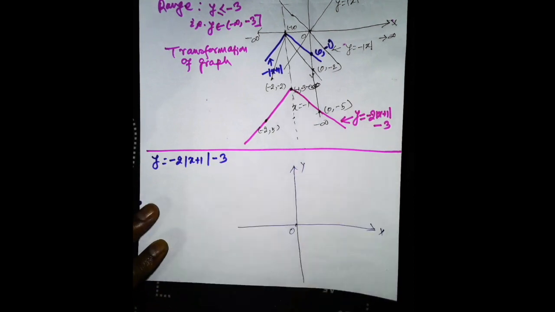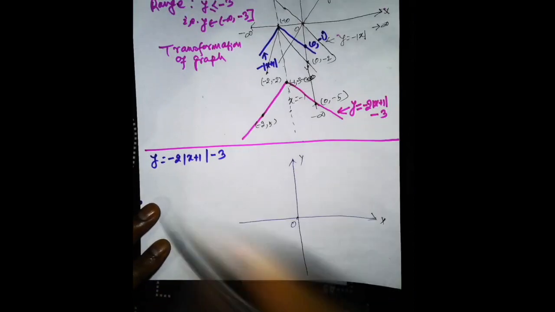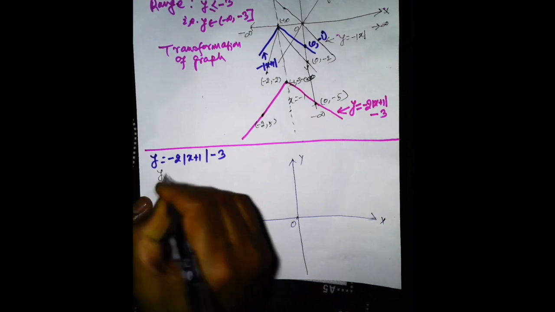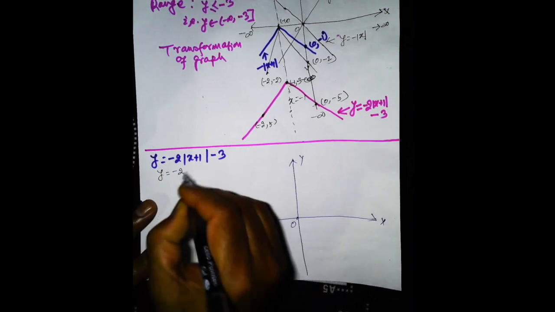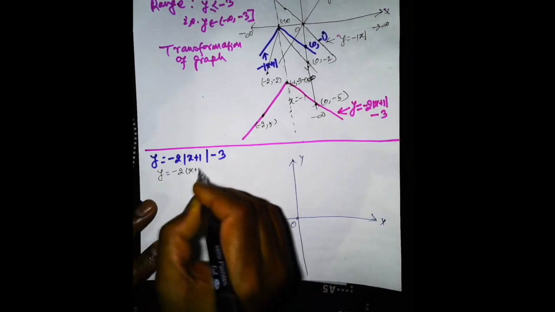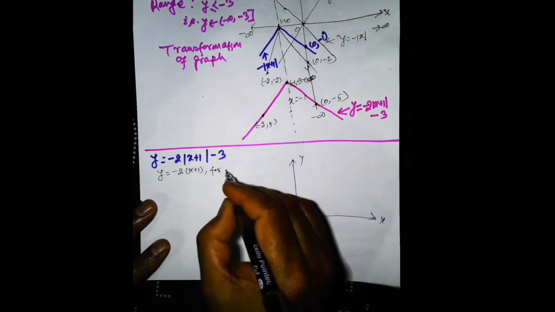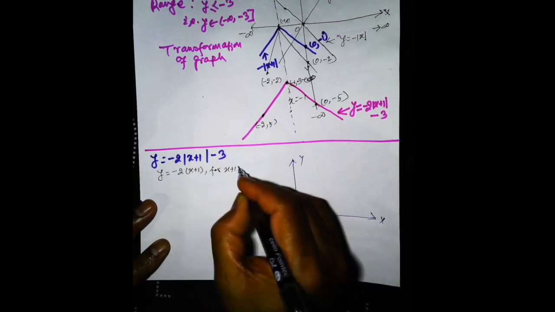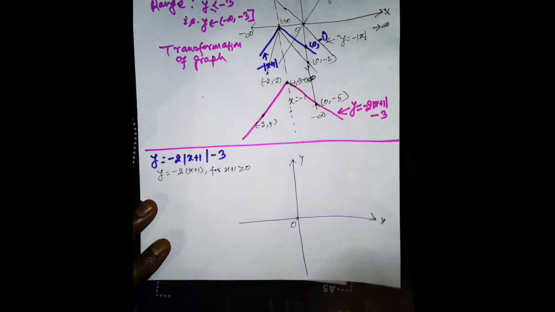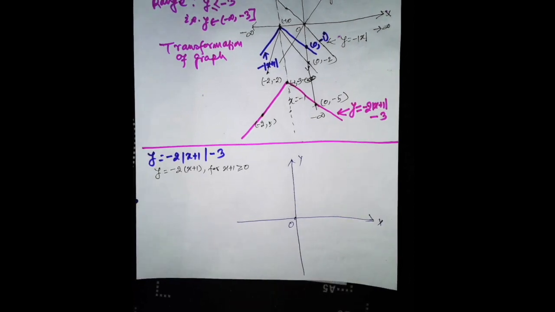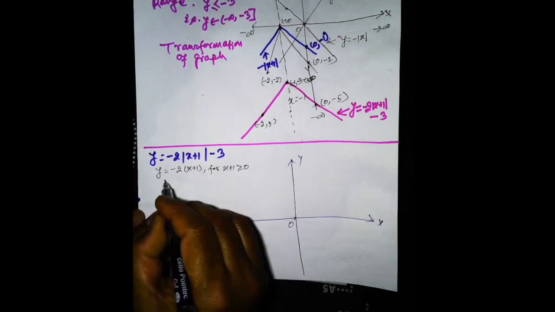So for instance, I'm taking y equals -2, x plus 1 for x plus 1 greater than or equal to 0. Okay, so in this case, if you like, you can write one step more.